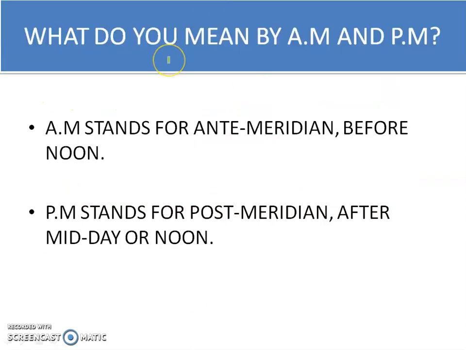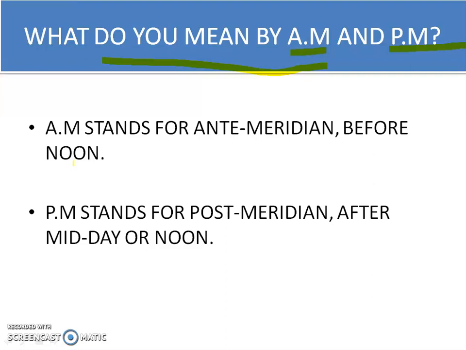Now coming to another point: what do we mean by AM and PM? Normally you say it is 5 o'clock AM or 5 o'clock PM. So why do we use AM and PM, and what do they mean? AM stands for ante meridian, that is before noon.